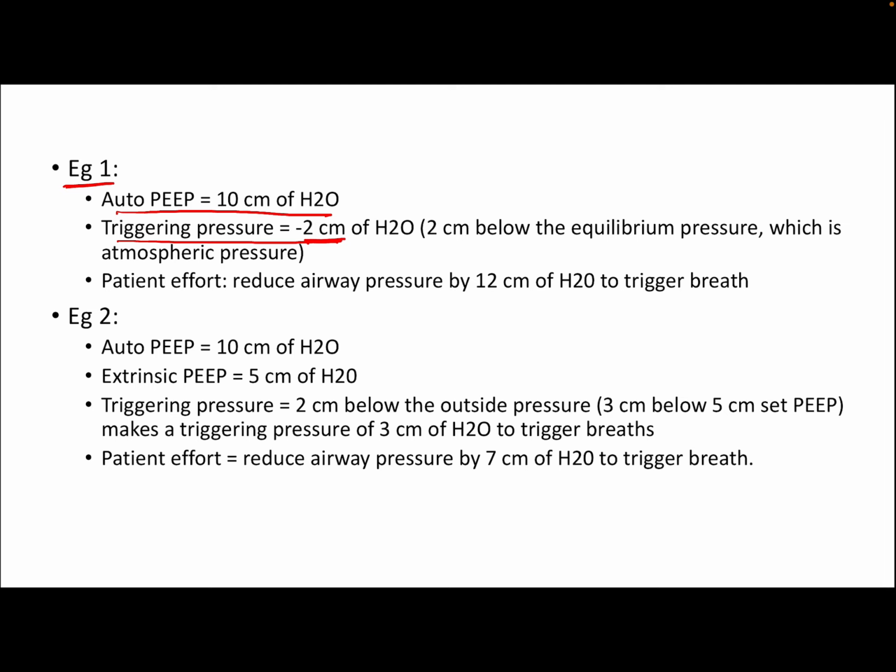So essentially the patient effort is to reduce airway pressure by 12 centimeters of water in order to trigger a breath, because there's already 10 centimeters auto PEEP. Now that is quite a bit of work of breathing for the patient.